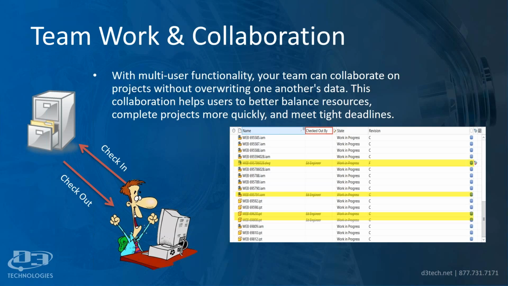These two users will be able to open up the frame of that front loader so that they can use that as a reference to design the scoop and the cab at the same time. So this allows great collaboration between the different users without disrupting each other's work. The frame assembly also will not be checked out, will not be overwritten unless one of the users checks that file out and makes a change to that.